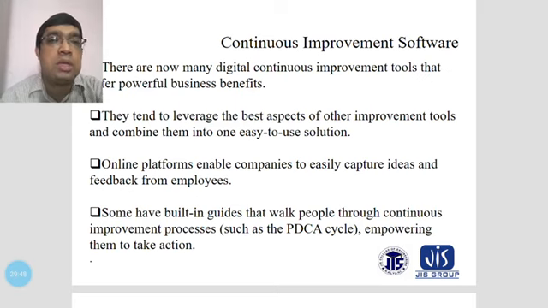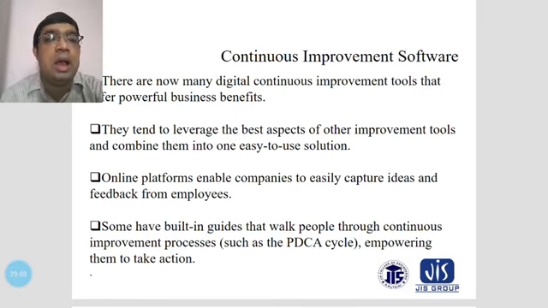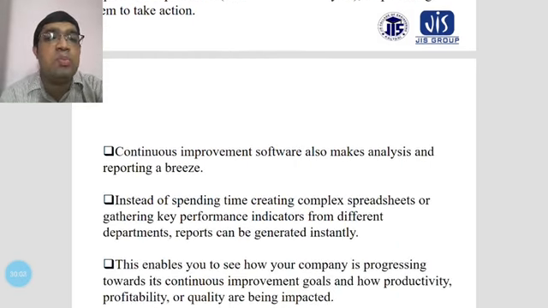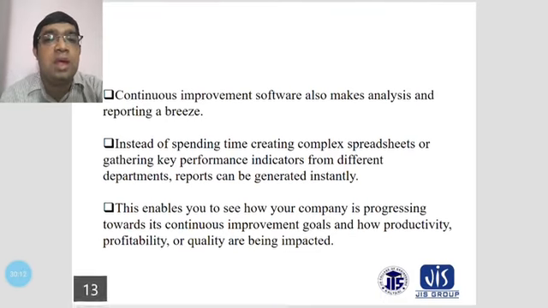Online platforms enable companies to easily capture ideas and feedback from employees. Some have built-in guides that walk people through the continuous improvement process, such as the PDCA cycle, empowering them to take action.